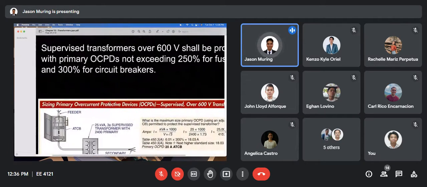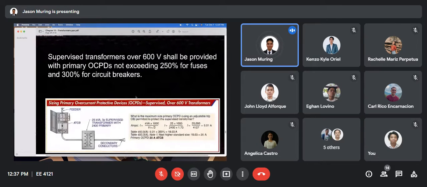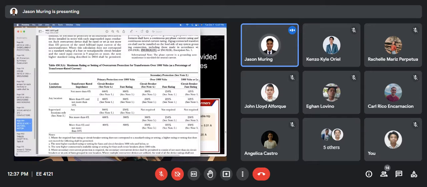Then for a supervised transformer over 600 volts, the OCPD shall not exceed 250% for fuses and 300% for circuit breakers. So look here. This is for supervised, and for more than and not more than, so 250 and 300%.